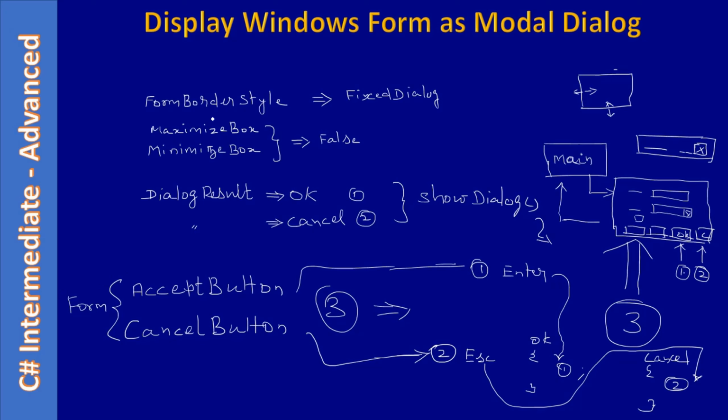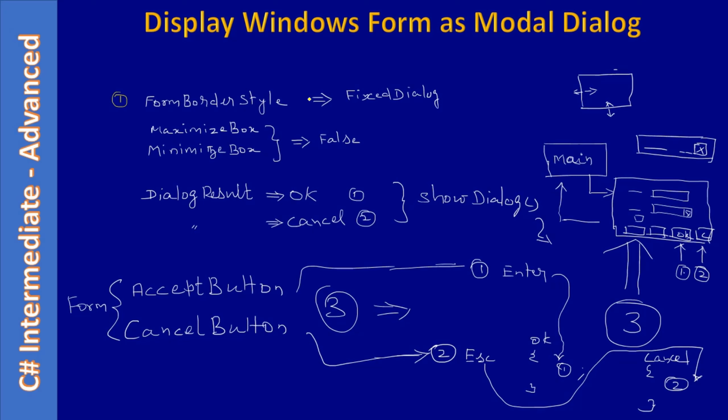All right. So to change the form into a modal dialog, these are all the things we need. We will set the form border style so that the user cannot resize it. It's not mandatory, so it's up to you.